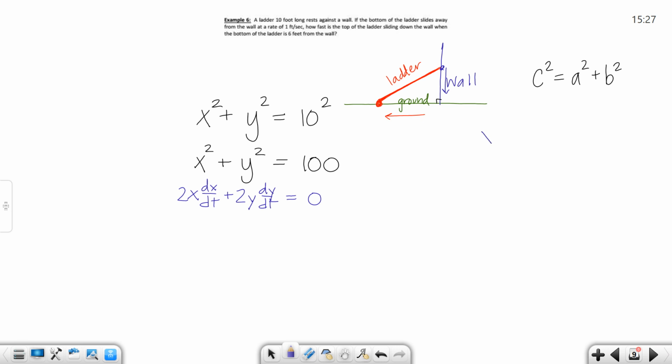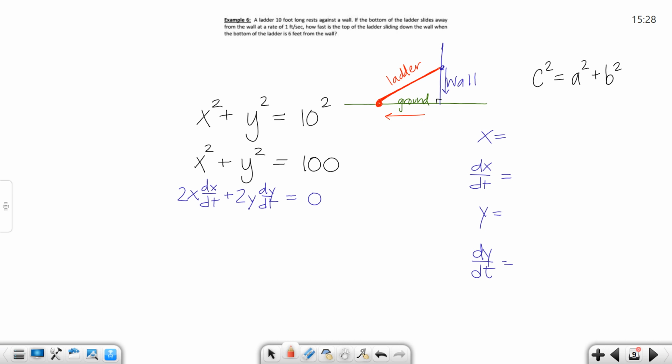So if I come over here to the side, I have an x unknown, a dx/dt unknown, a y unknown, and a dy/dt unknown. Before we can solve this problem, we have to put these unknowns in.